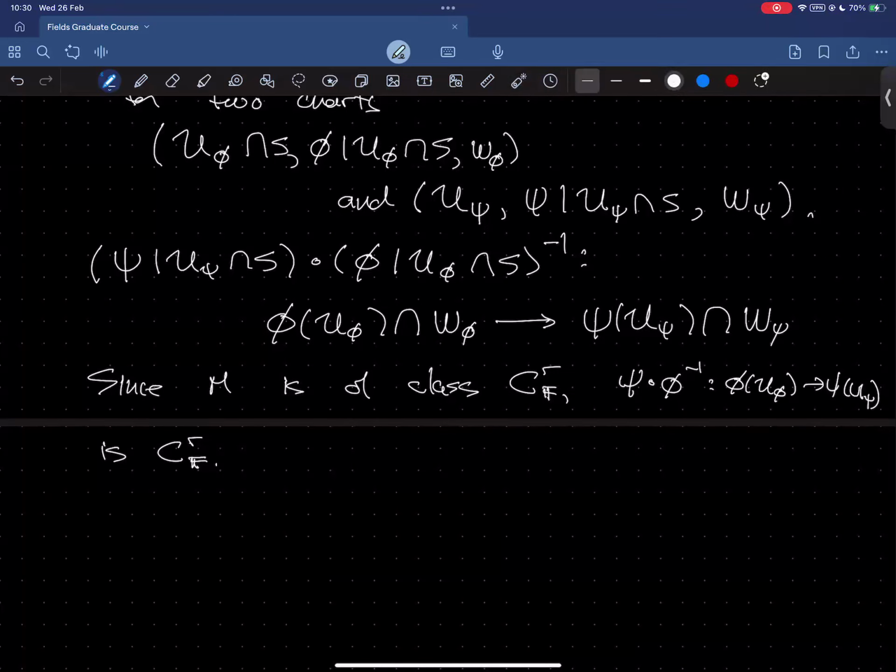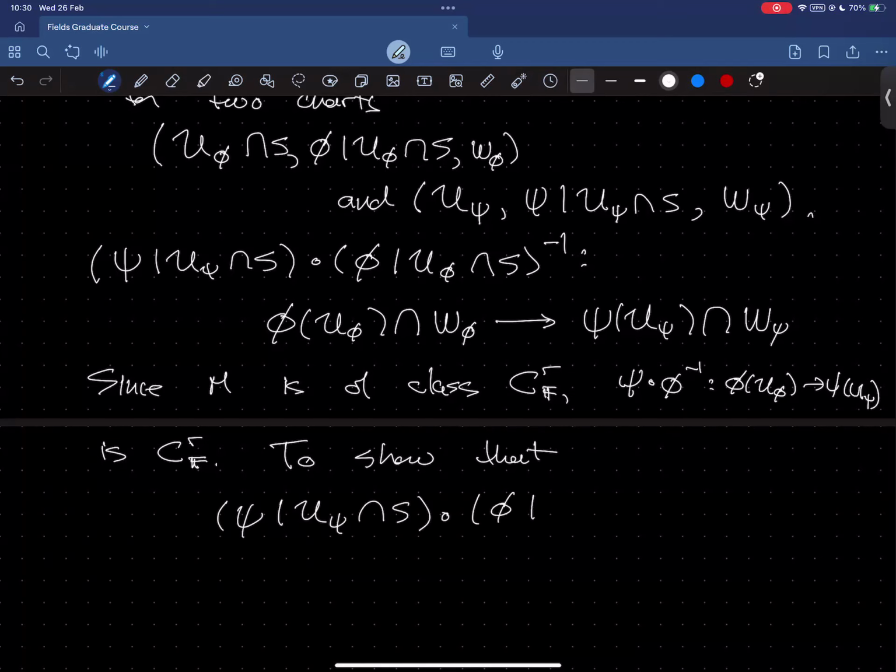So to show that psi restricted to U psi intersect S, composed with phi restricted to U phi intersect S inverse, is CRF.